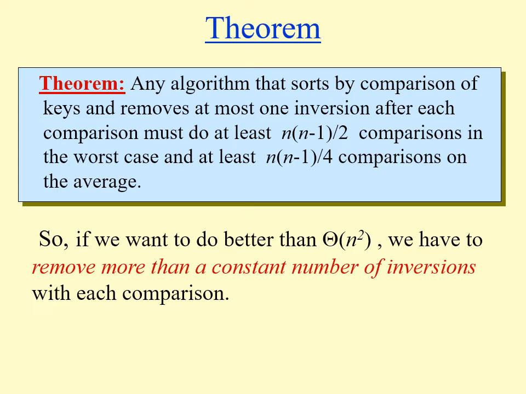After each comparison, must do at least n minus 1 over 2 comparisons in the worst case, and at least n minus 1 over 4 comparisons on the average. Okay, so this is easy to understand, correct?